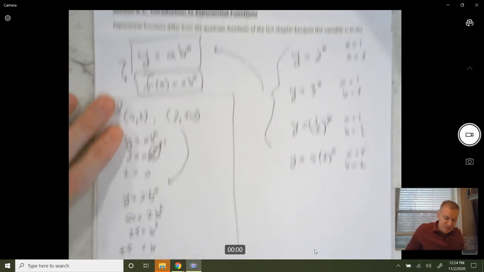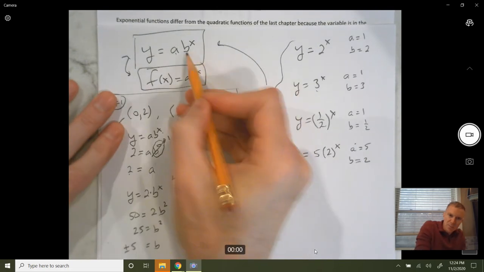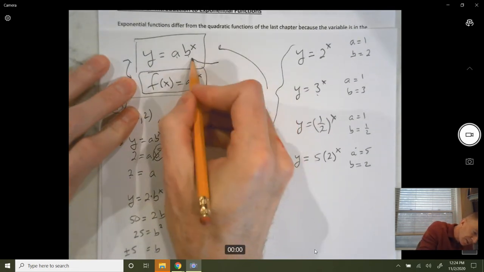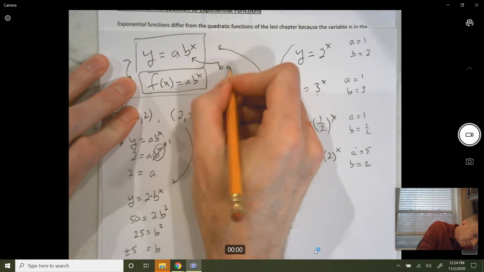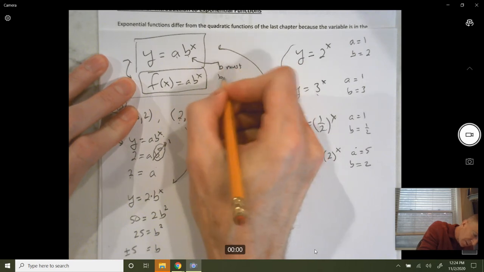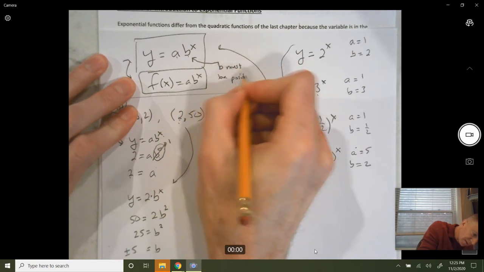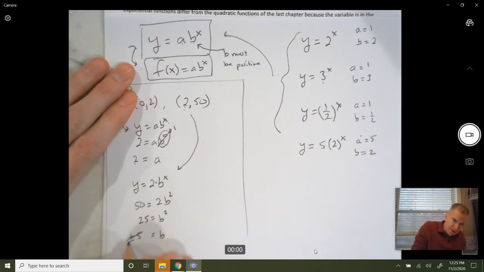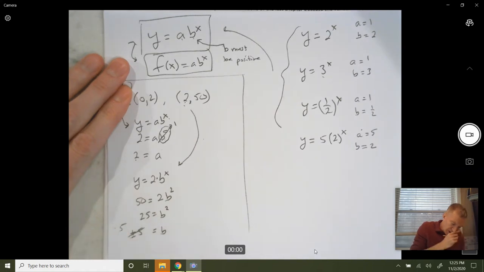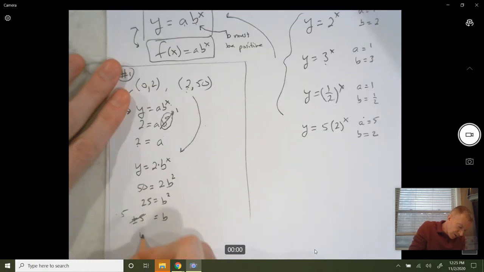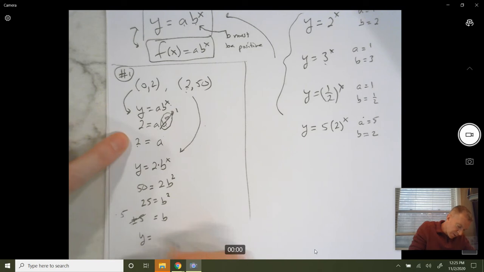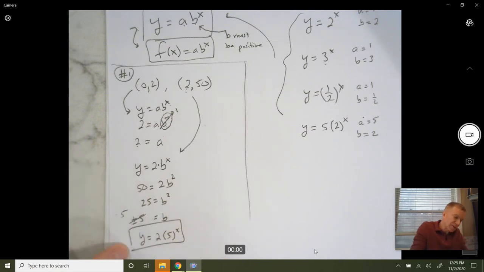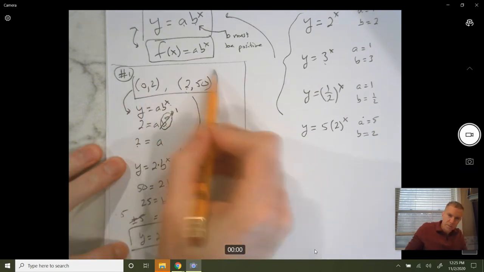But by definition, the base of your exponential function must be positive, so b is not plus or minus 5; it's the positive 5. So your function is y equals a, which we found to be 2, times 5 to the x. And there's our exponential function that passes through these two ordered pairs.